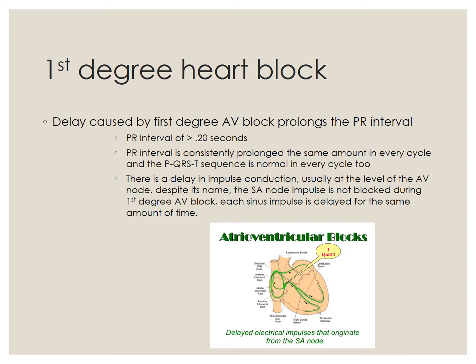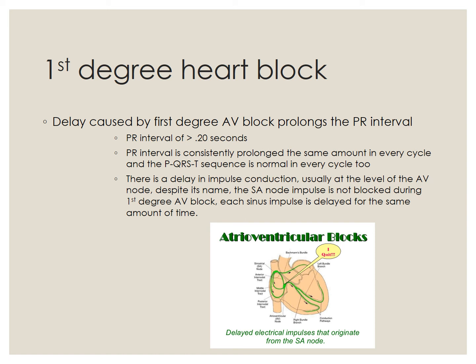All right, so first degree AV block. This is the delay caused by first degree AV block that prolongs the PR interval. Now remember, a normal PR interval is 0.20 or less. In a first degree AV block, we are still conducting, but it's just paused. So when you're measuring your PR interval, it is going to be greater than 0.20 seconds.